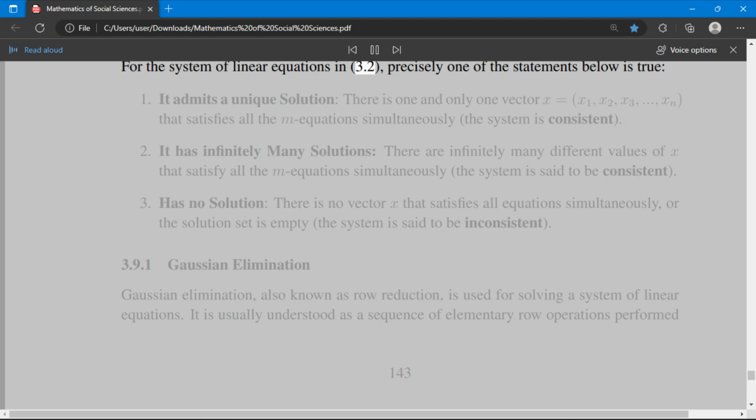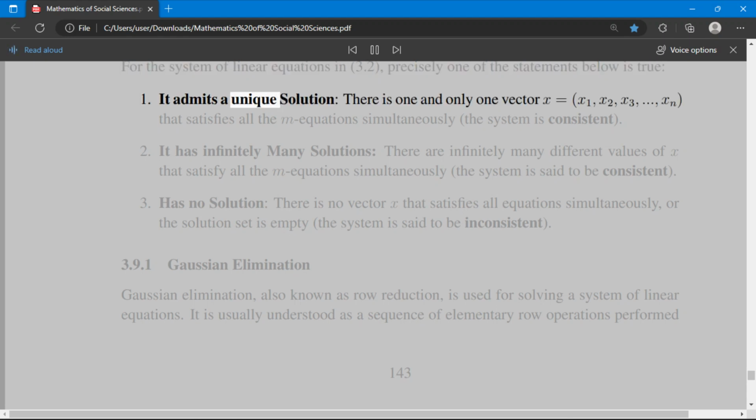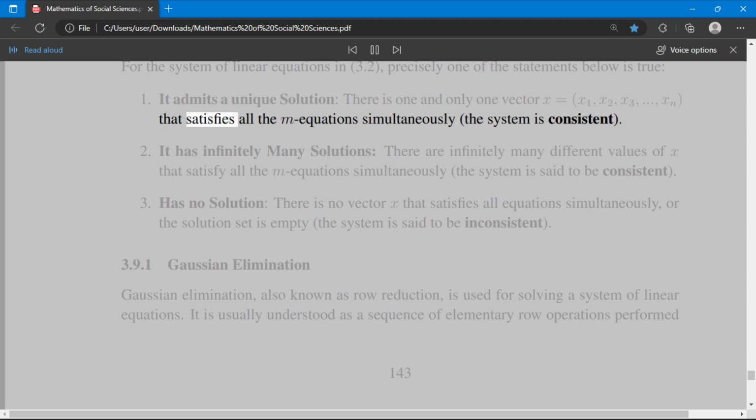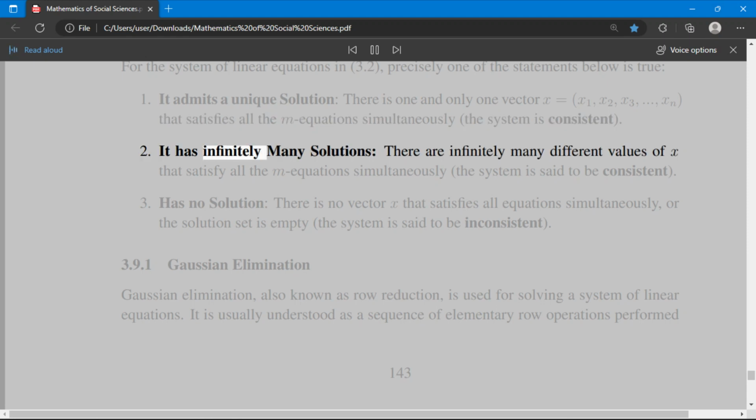For the system of linear equations in 3.2, precisely one of the statements below is true. 1. It admits a unique solution. There is one and only one vector x equals x1, x2, x3, ..., xn that satisfies all the m equations simultaneously. The system is consistent. 2.